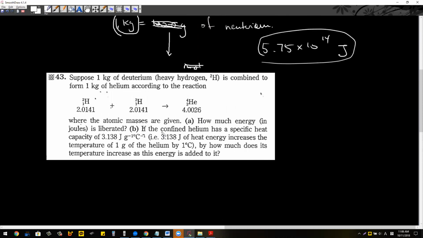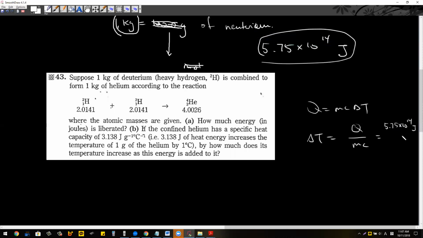It says if the confined helium has a specific heat of that, we were trying to figure out by how much. So Q equals MC delta T. We're trying to figure out delta T, right? So Q over MC. Q is equal to 5.75 times 10 to the power 14 joules.